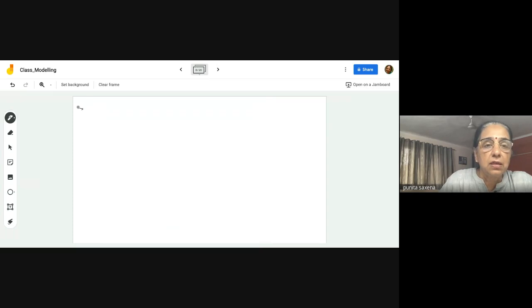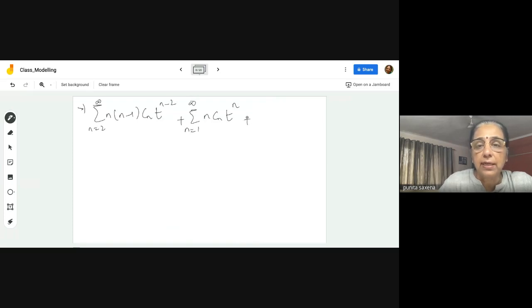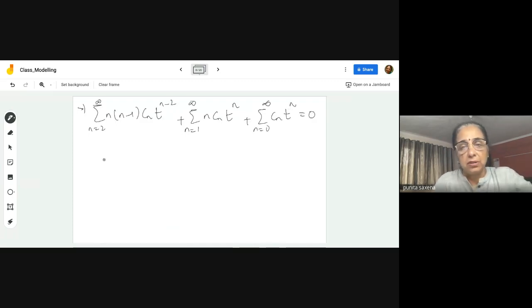That means your equation is now summation n minus 1 c_n t^(n minus 2), n from 2 to infinity, plus. Now the second term becomes n c_n t^n, but your n varies from 1 to infinity, right? Plus summation c_n t^n, n from 0 to infinity, equal to 0.